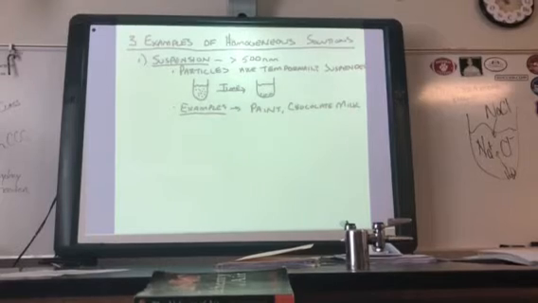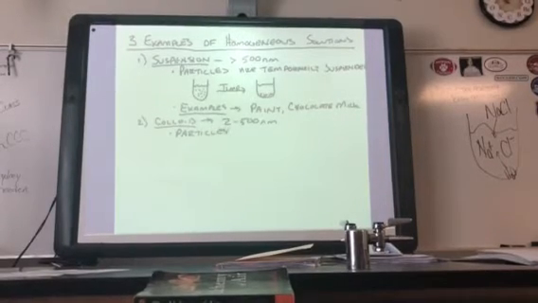So suspension, that's it. A colloid is smaller particles, not a solution. So colloid is smaller particles. We're talking particles between 2 and 500 nanometers in size. And so these are where particles are permanently suspended.